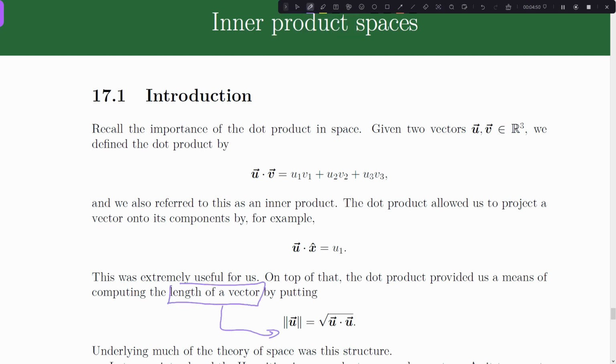In some sense, the distance of an element of the space away from zero is one way of thinking about it. That's the distance of U away from the zero vector, given exactly by this norm, which is recovered from the square root of a dot product.